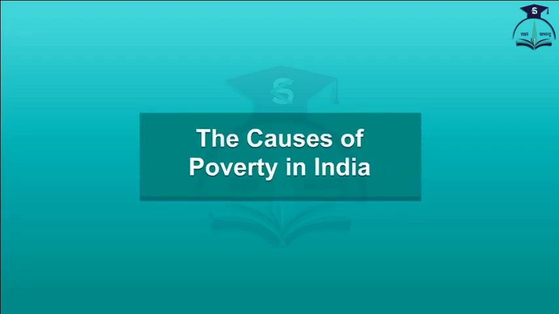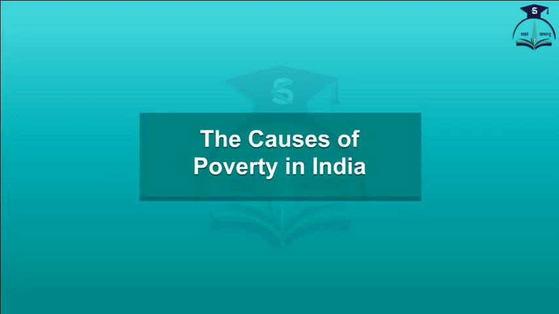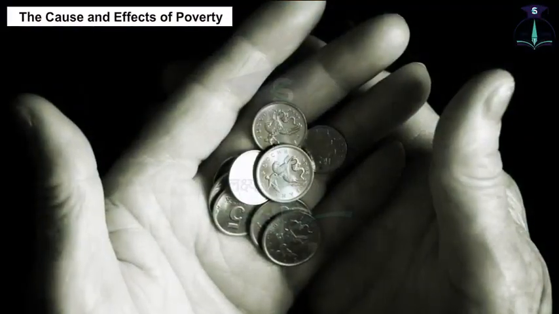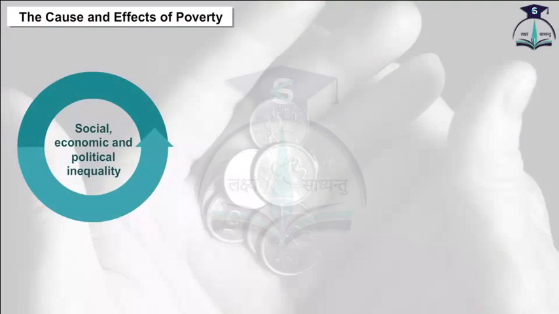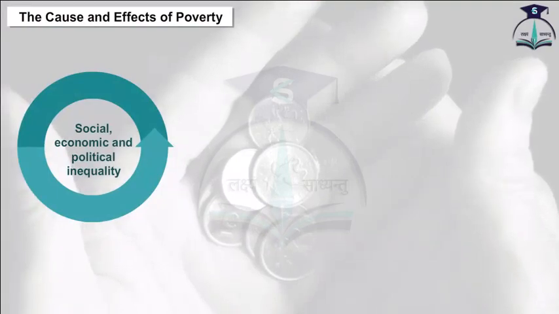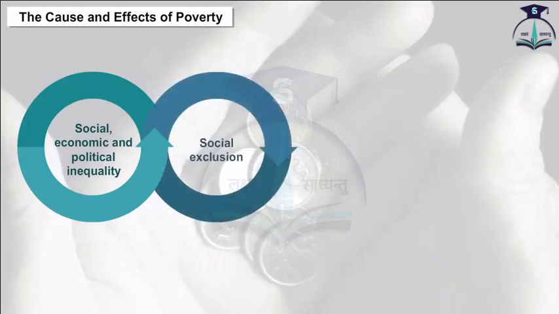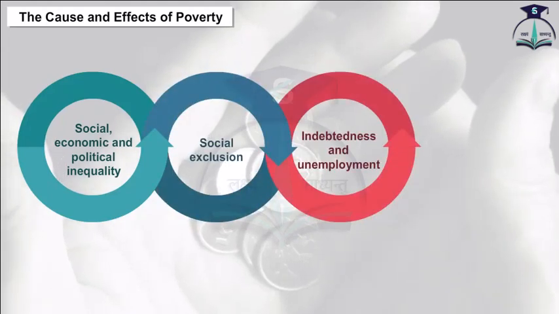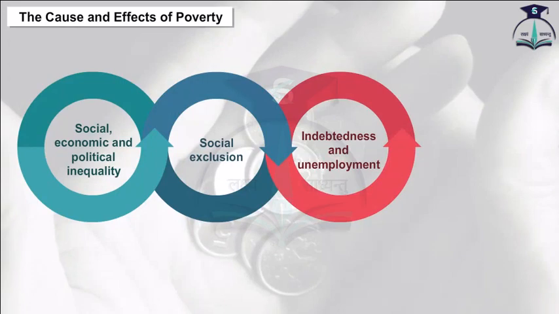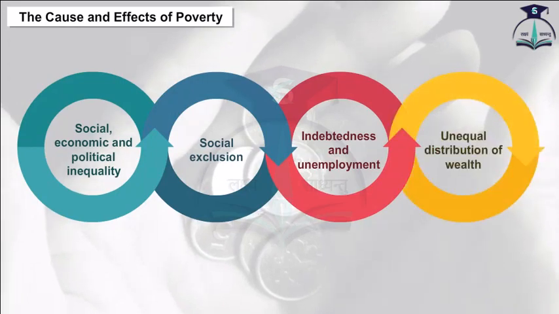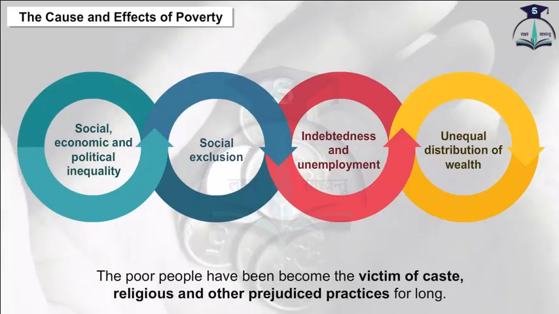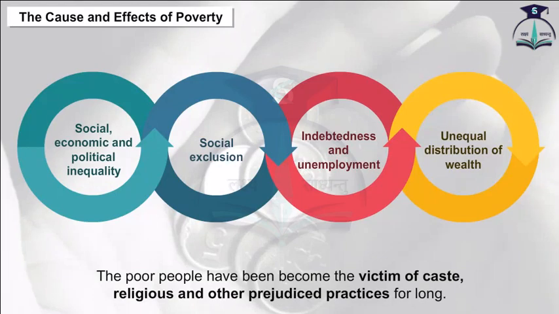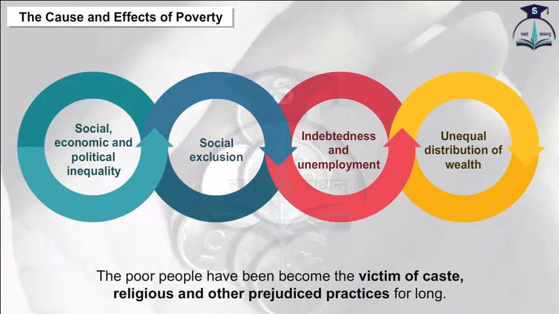The causes of poverty in India. The causes and effects of poverty. For the reasons of social, economic, and political inequality, social exclusion, indebtedness, unemployment, and unequal distribution of wealth, poor people have become the victim of caste, religious, and other prejudiced practices for long.